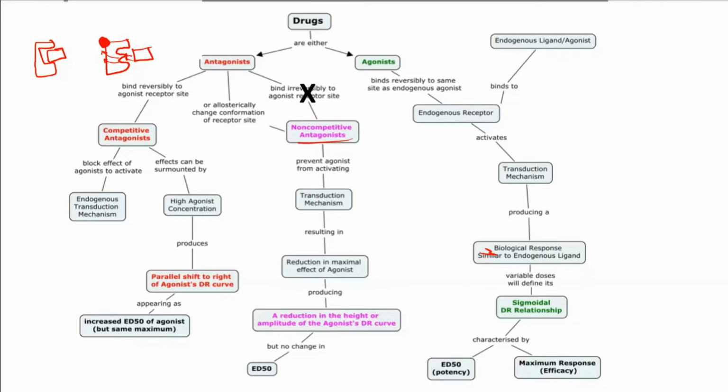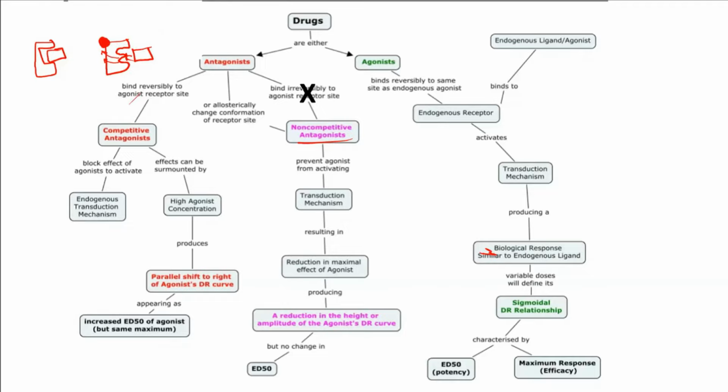In, let's say, 10,000, you may have a couple hundred that aren't changed, that the non-competitive antagonist did not bind or didn't cause that much of an effect. Meaning there will still be some kind of basal level of binding by the agonist, but the total overall response physiologically will not be as great. And we'll see this in action once we get to the dose response curves.